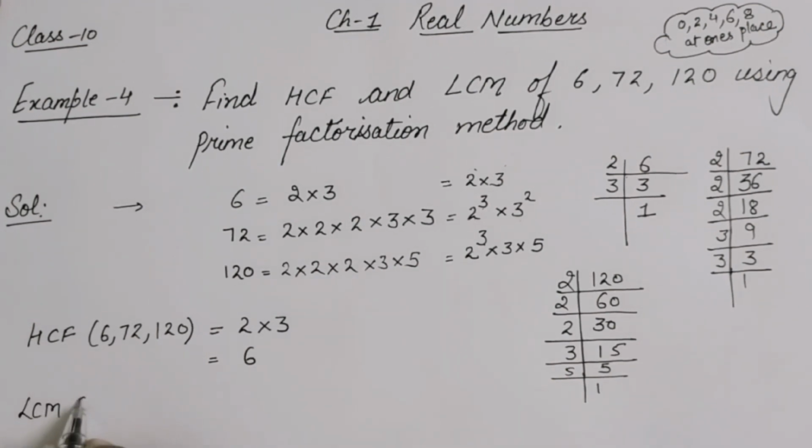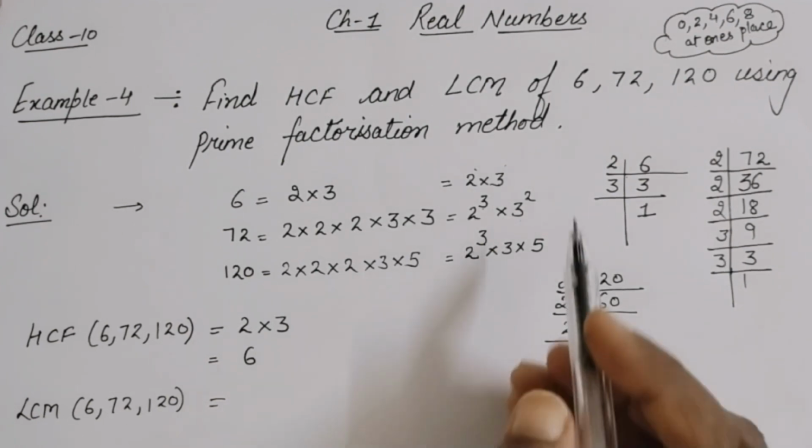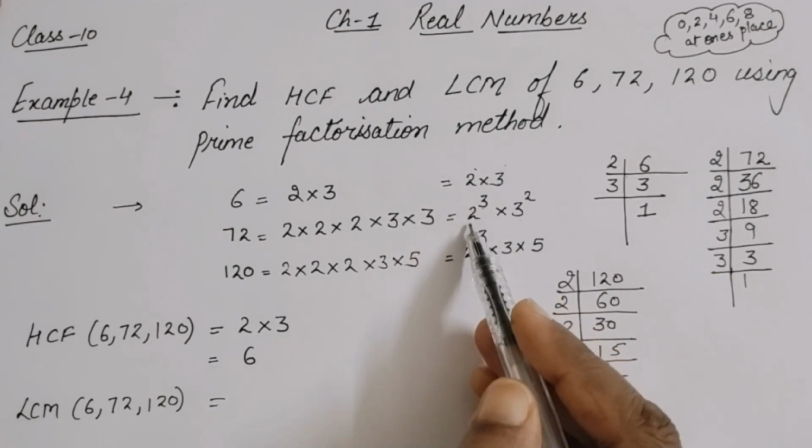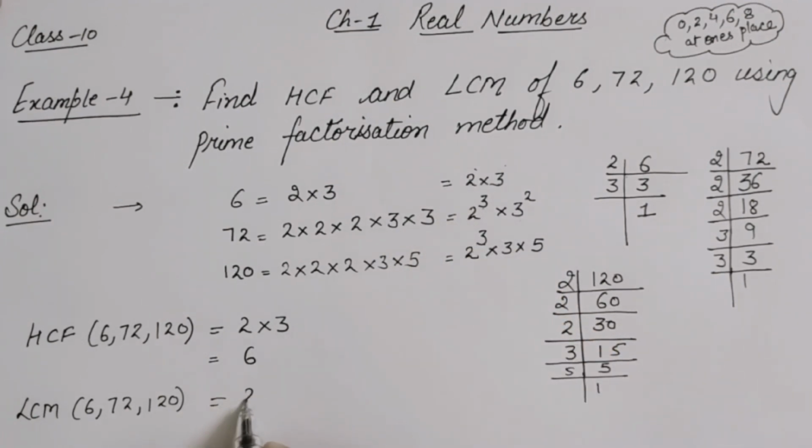Let's take LCM. For LCM you are going to take the product of the greatest power of each prime factor in the numbers. Now the greatest power of 2 is 3, so I'll take 2 to the power 3.